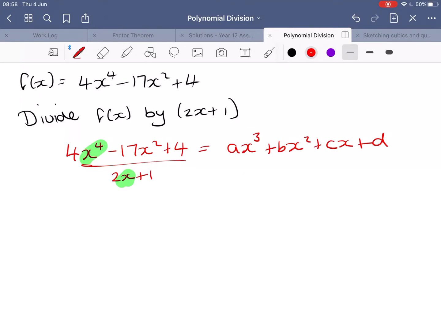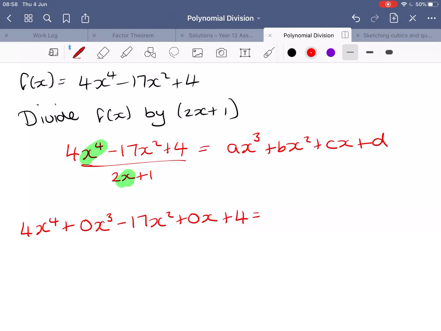Now I'm going to rearrange this again, but I need to do something a little bit more careful because actually I need to write the fact that I've got no x cubes in this, minus 17x squared plus no x's plus 4.